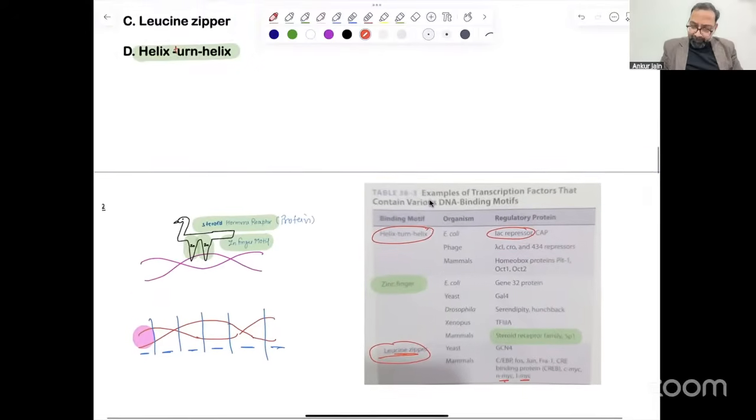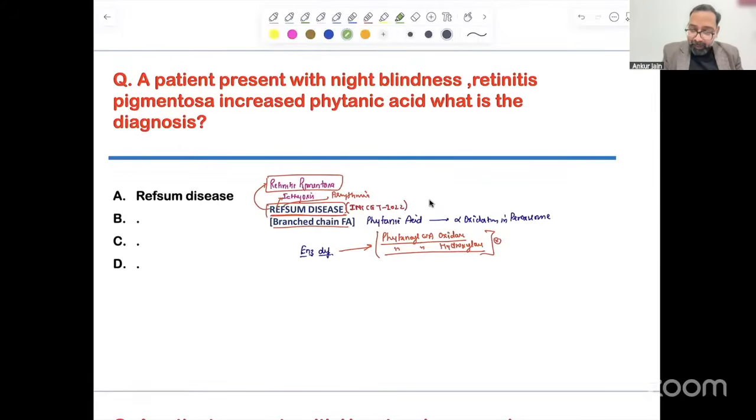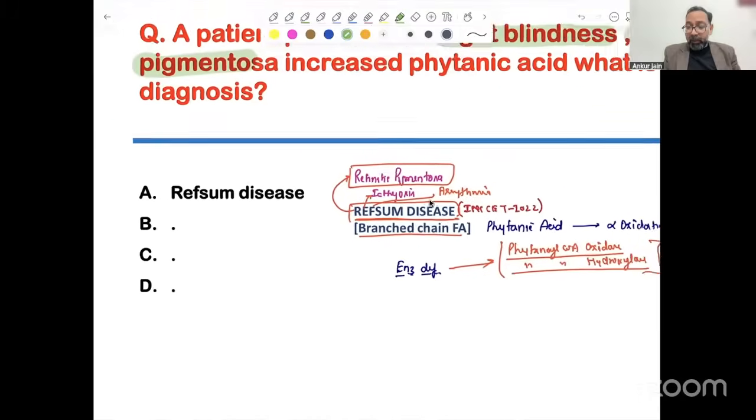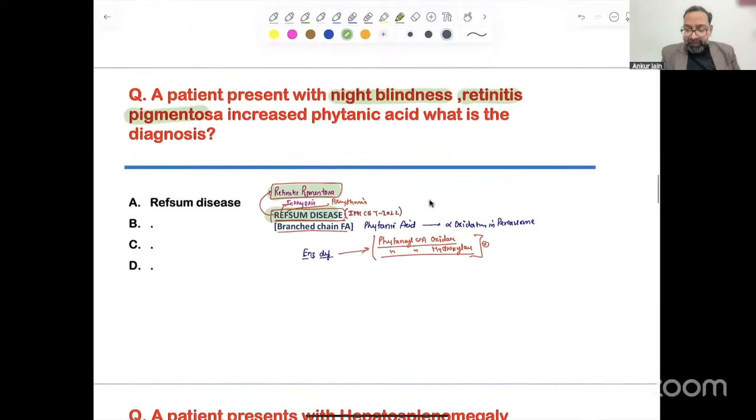Now, thank you, friends. It's your hard work, and definitely you will clear this exam. And biochemistry was really, really simple paper. Night blindness, retinitis pigmentosa. If you remember, I told you R for Refsum disease, R for retinitis pigmentosa. And other than that, phytanic acid is given.